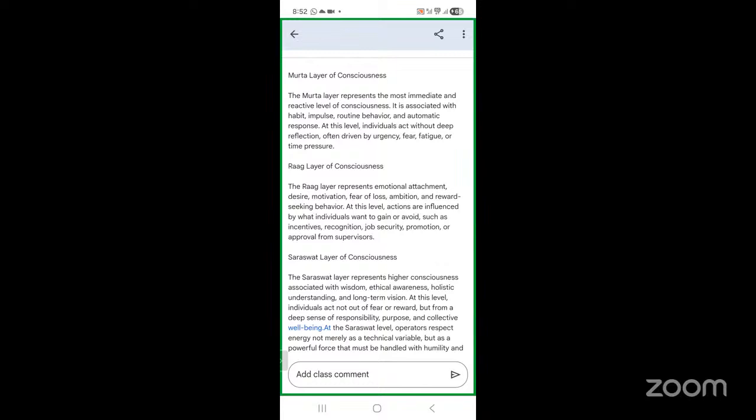That means whatever is in the individual worker's Saraswat layer will be in conflict. But gradually, this type of people will try to adapt it, and finally, they will internalize it.